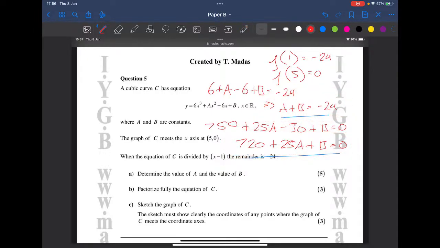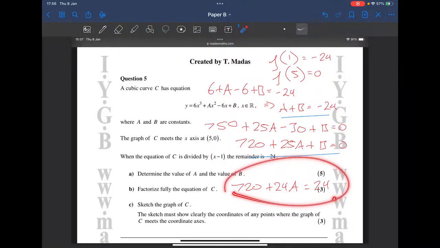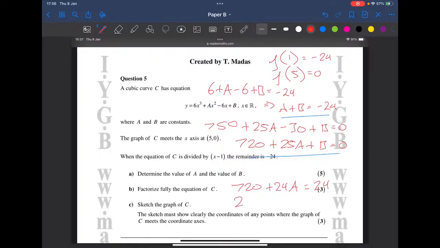So the 720 is still going to stay there. 25a take a is going to be 24 lots of a. B take b is 0. And 0 take away 24 is going to be 24. So all together then, we now just rearrange this equation for a. 24a is going to be equal to whatever 24 takes 720 is. Gives us minus 696.